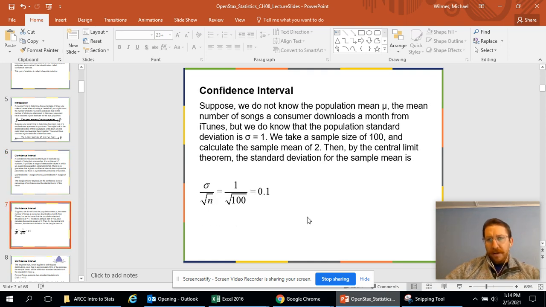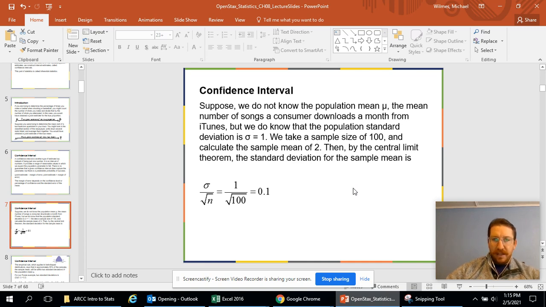So suppose we don't know the population mean, the mean number of songs a consumer downloads a month from iTunes, but we do know the population standard deviation. The standard deviation is 1. We take a sample size of 100 people. We find that their average number of songs they download per month on iTunes is 2.